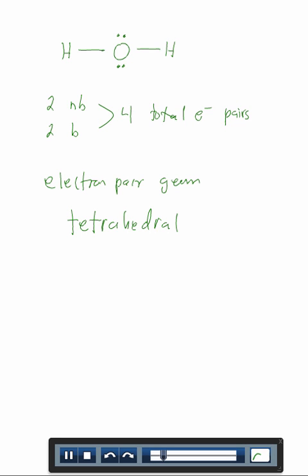But only 2 of those electron pairs are bonding, and so if we draw just the atoms and their geometries, we would have this shape for the atoms in water. The 2 electron pairs are here and here, and they come out at us.